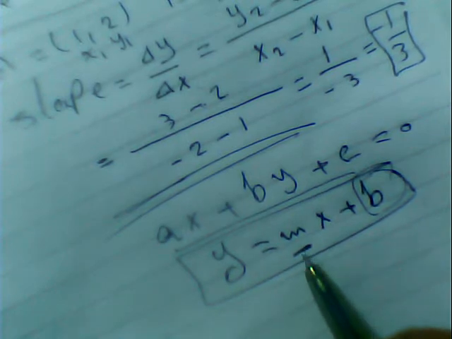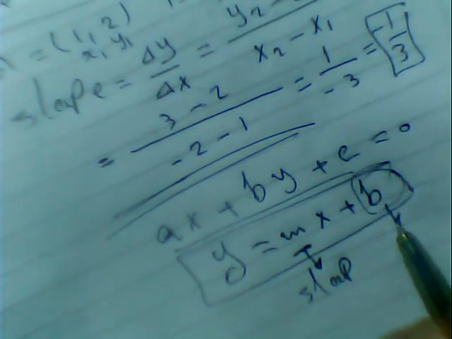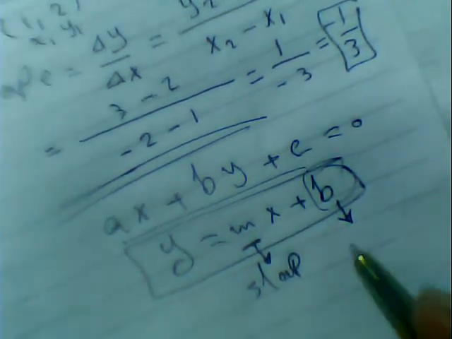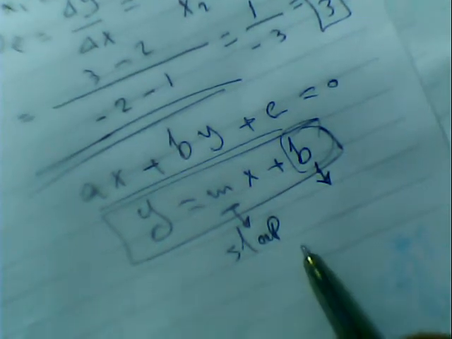What is this? m equals the slope, b equals the point where it crosses the y-axis.